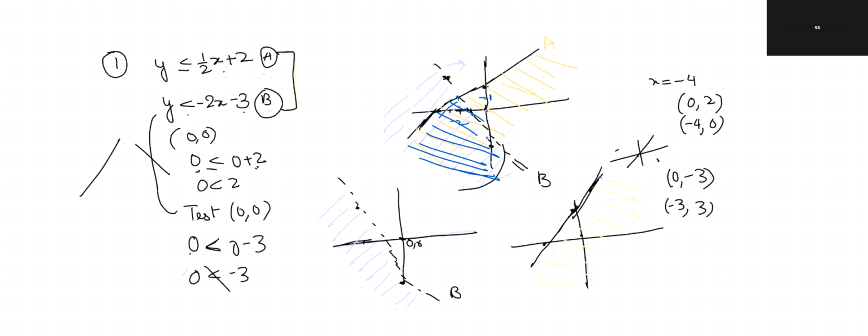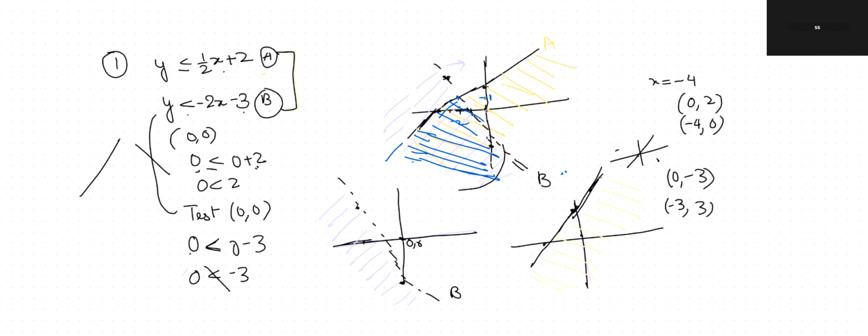So this part is the solution of the system. The area which covers both: we shade the first equation and then we do B, and the common area which is shaded by both the equations is the solution.